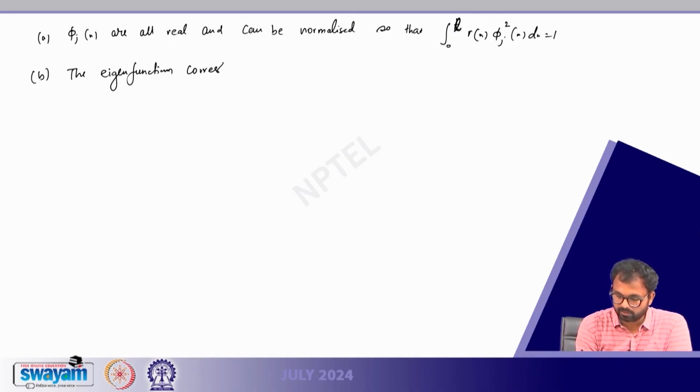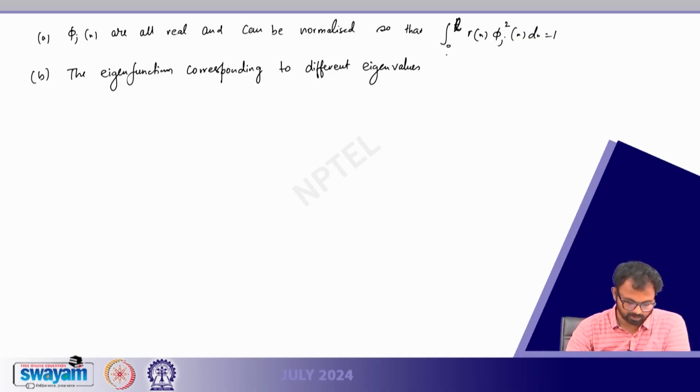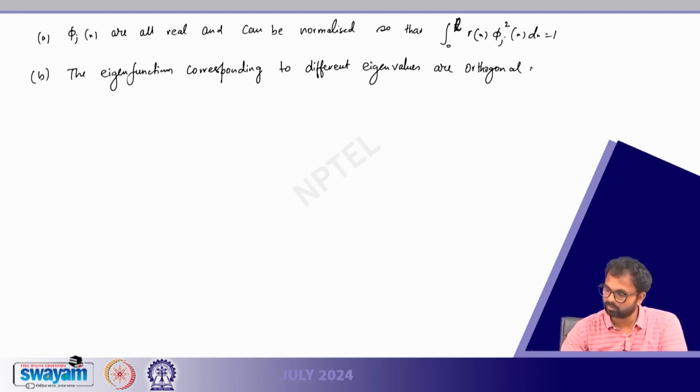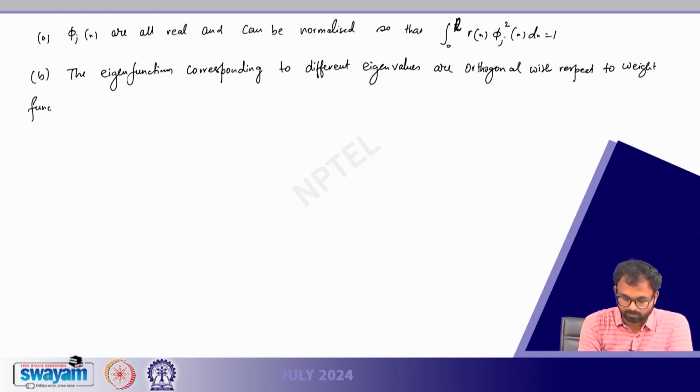And the second one is, eigenfunctions corresponding to different eigenvalues are orthogonal with respect to the weight function r(x).